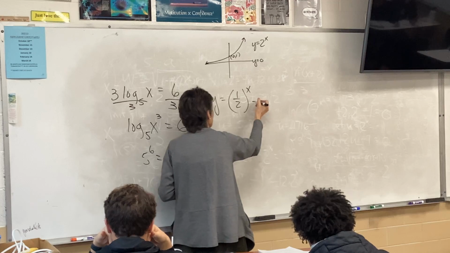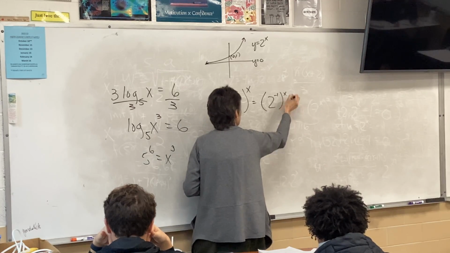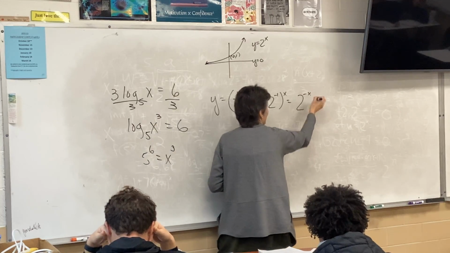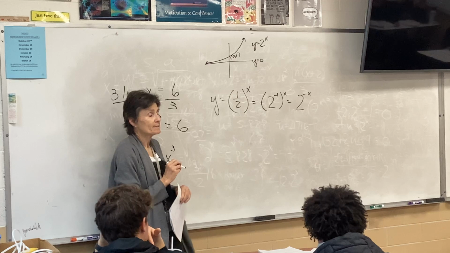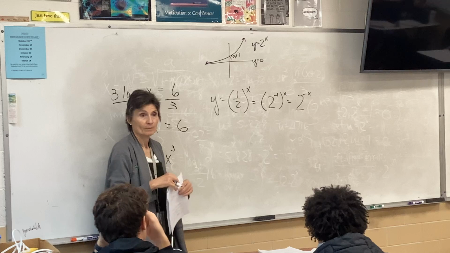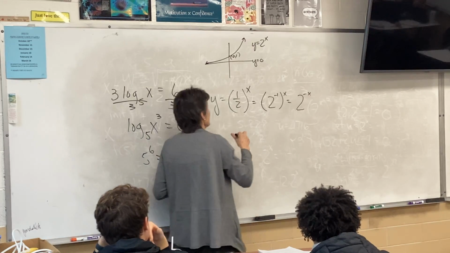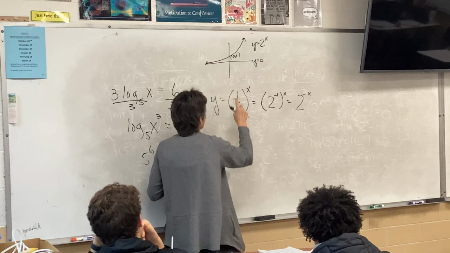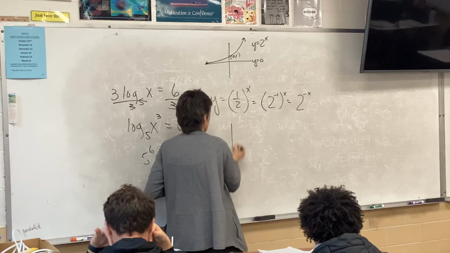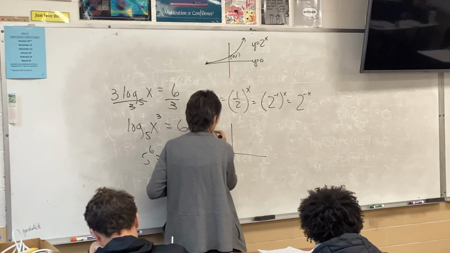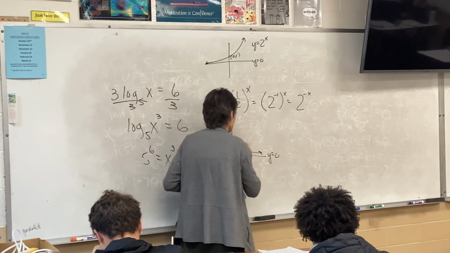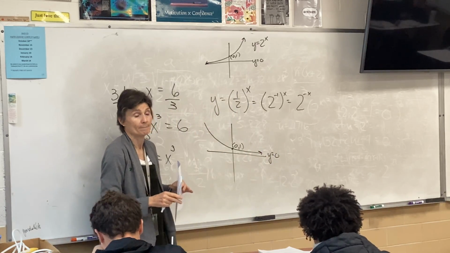Isn't 1/2 2 to the negative first? So that is 2 to the negative x. What does changing the sign on x do to the picture? Flip it over the y-axis, which makes perfectly good sense because the original is a growth. Isn't that going to be a decay? So that's going to be that same picture, but going this way. Asymptote's the same, intercept's the same. Nothing changes, just going the other way.